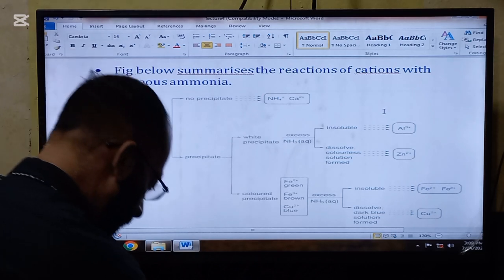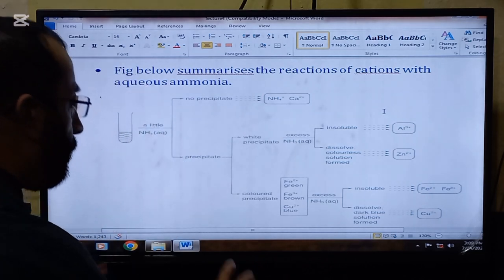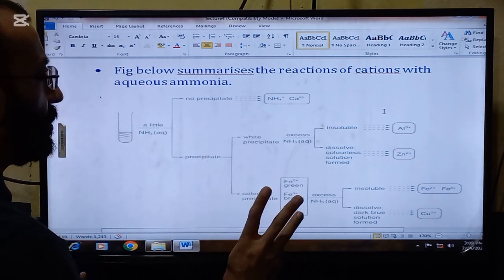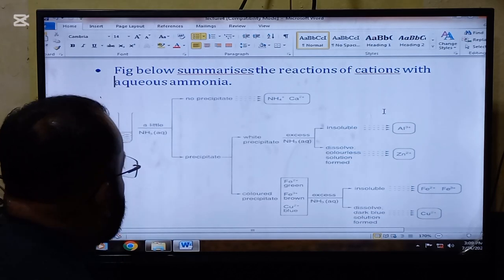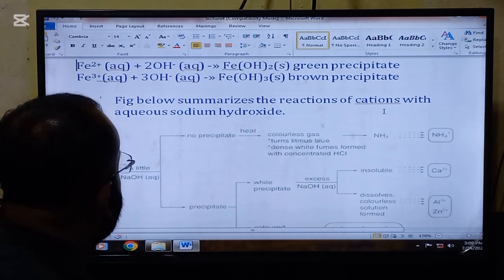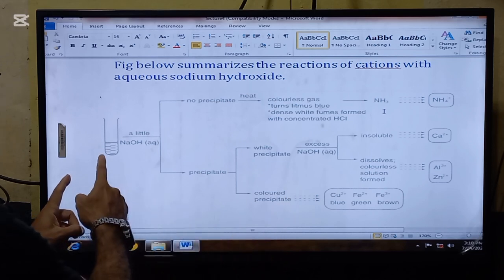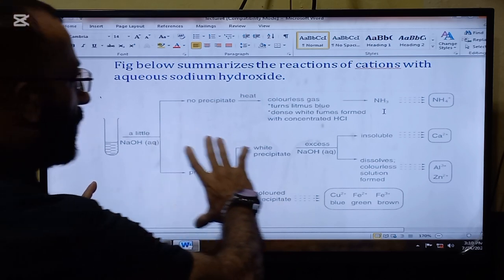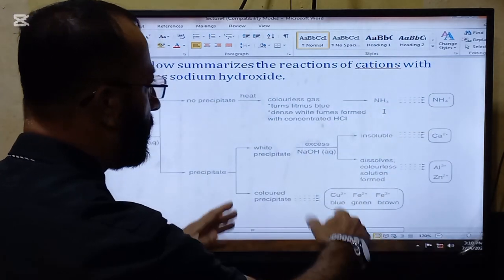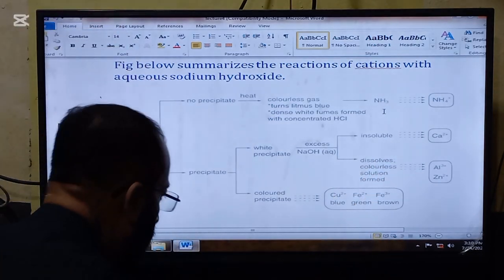So this is the original figure again. I'm telling you again, you have to learn these three figures. I'm going to show you these three figures again. This is the first figure: if the cation reacts with aqueous NaOH, these are the signs to determine which is the cation.